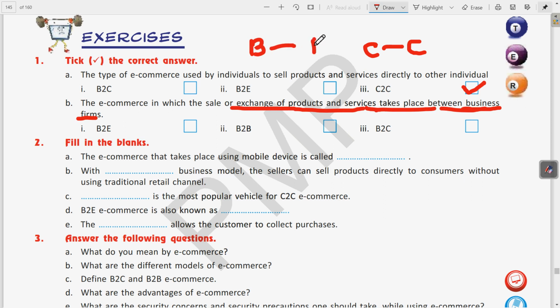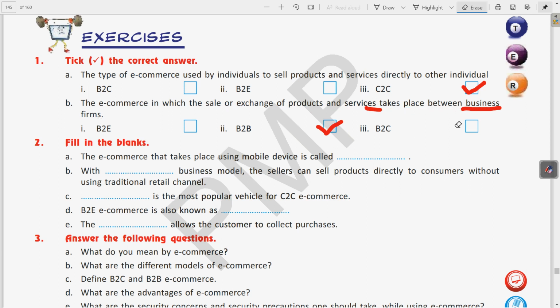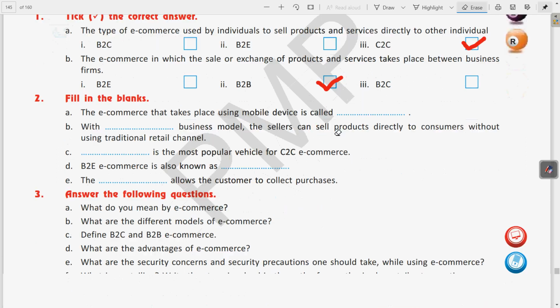Clear? So the answer is the B2B e-commerce model. So the first answer is C to C and the second answer is B2B, that is business to business. Clear? So we have covered the explanation and a few of the exercises.